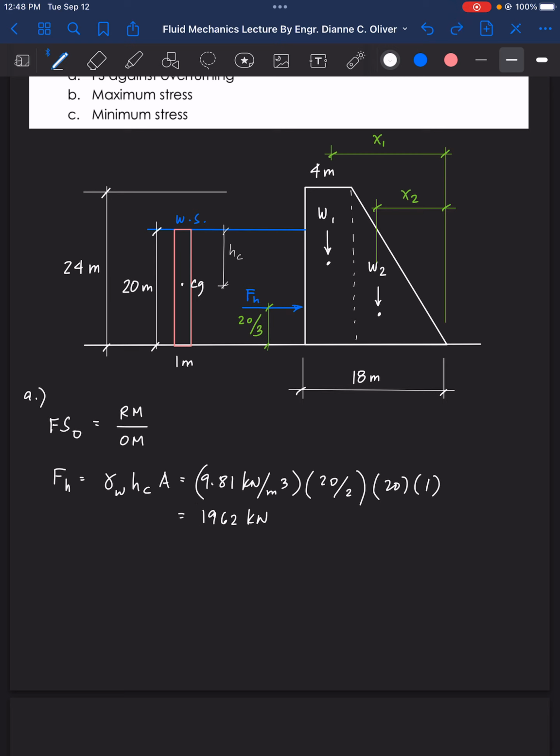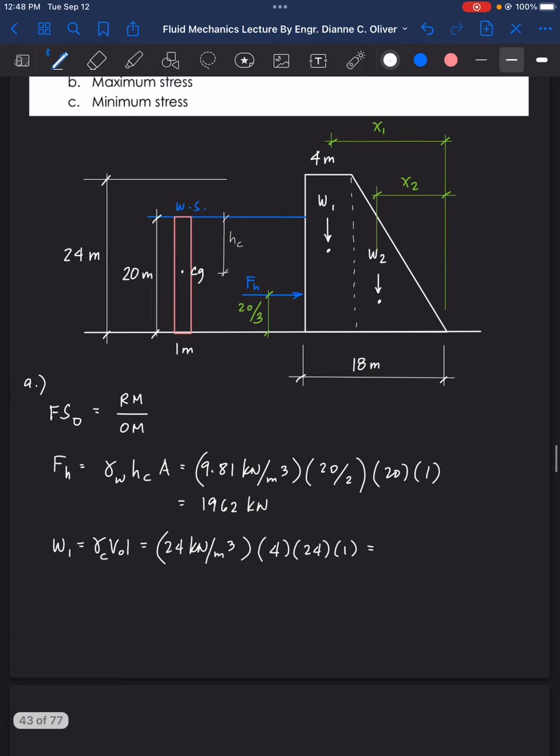Now let's go to the weight. Weight 1 first. So weight here is gamma times volume. Gamma C is 24 kilonewton per cubic meter. For weight 1, we have a rectangular area, so that is 4 times 24 times 1, which is equal to 2,304 kilonewton.